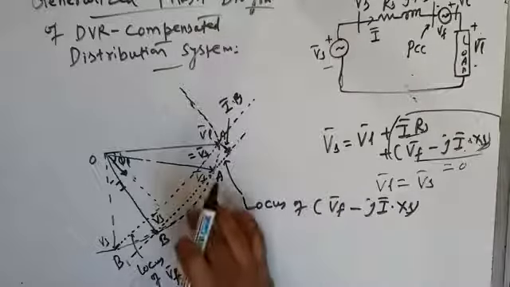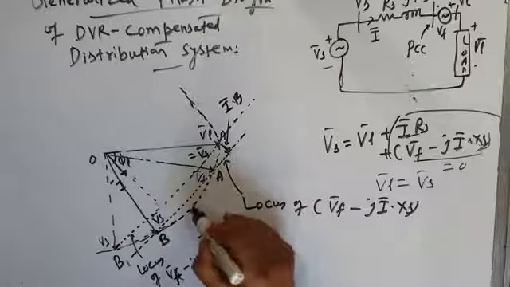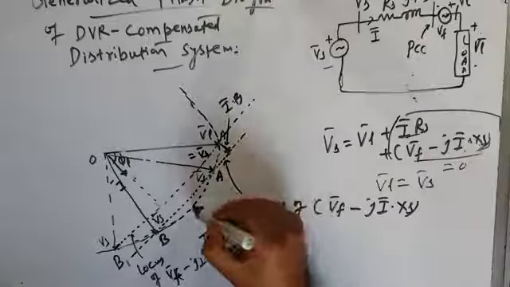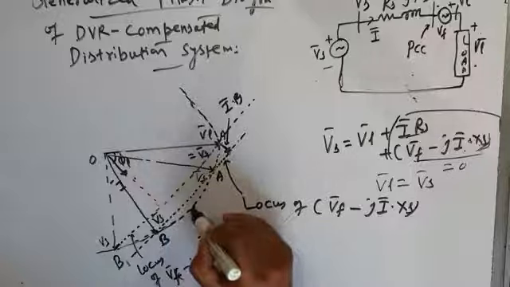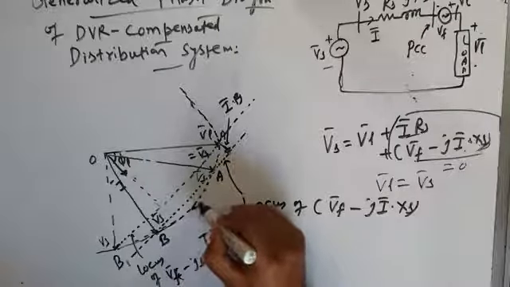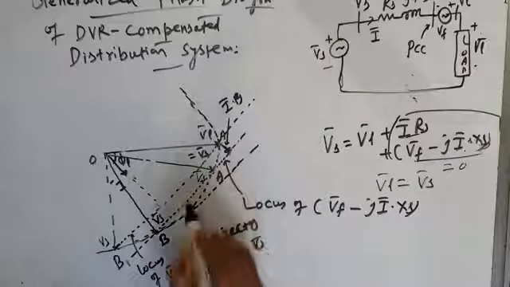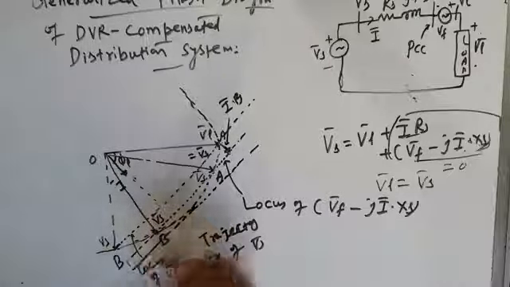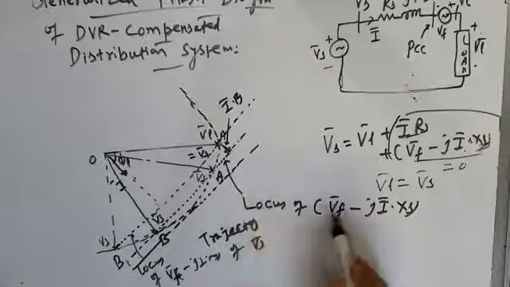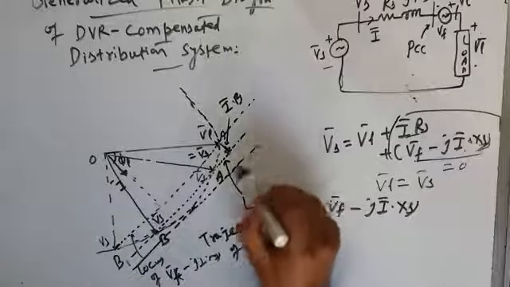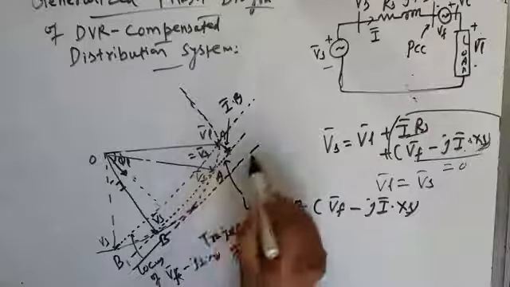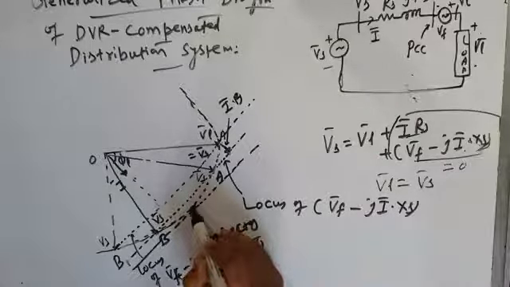The third is an extreme case. See, for example, if the locus of Vf minus jI into Xs is like this, it will touch the trajectory of Vs only at one point.